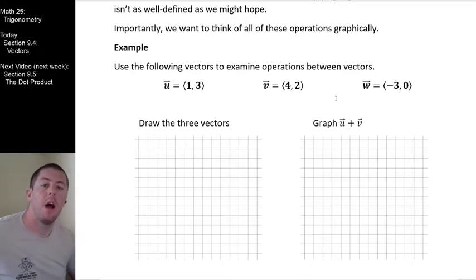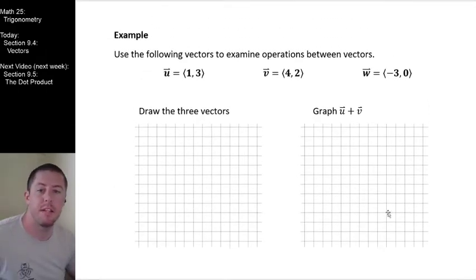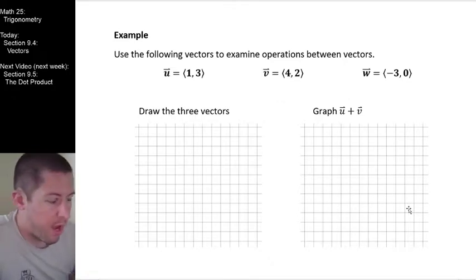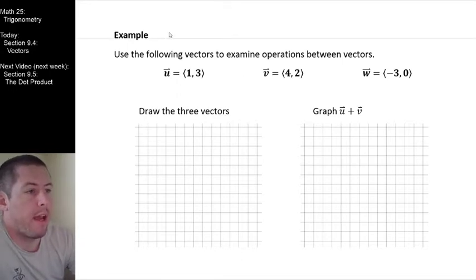All right, so in this example, I'm giving you three vectors that we're going to use, and let's go ahead and do some operations between these vectors here. So I'm giving you the vectors ⟨1, 3⟩, ⟨4, 2⟩, and ⟨-3, 0⟩. One thing I'm thinking to myself right away is I have other ways to describe these vectors, right?